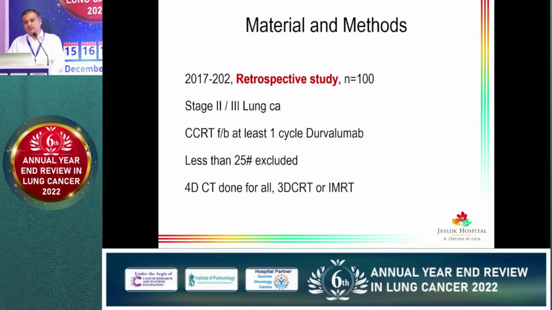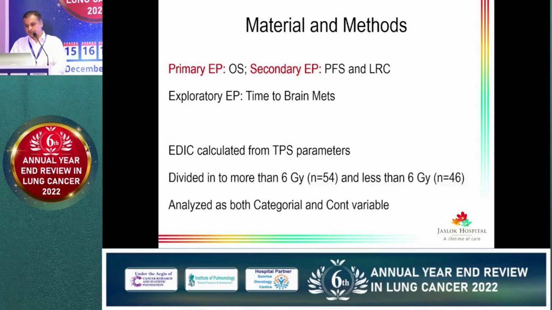They included patients who received at least one cycle of durvalumab. Also, they included patients who completed more than 25 fractions of radiation, because to calculate the EDIC, at least 25 fractions of treatment need to be given. All patients were planned with 4D CT, and they were treated with either 3D CRT or IMRT.